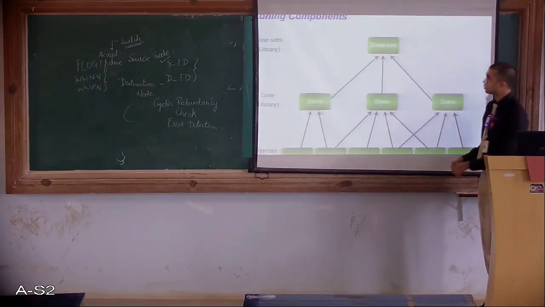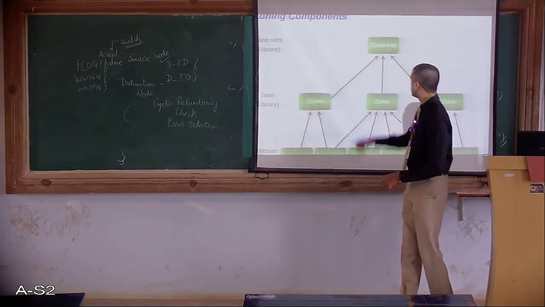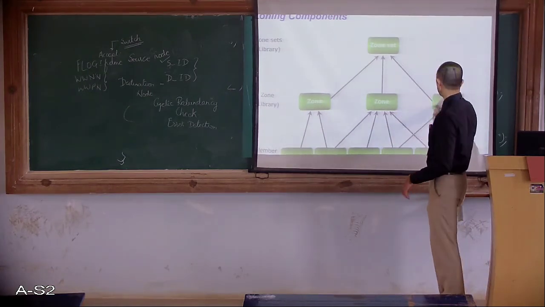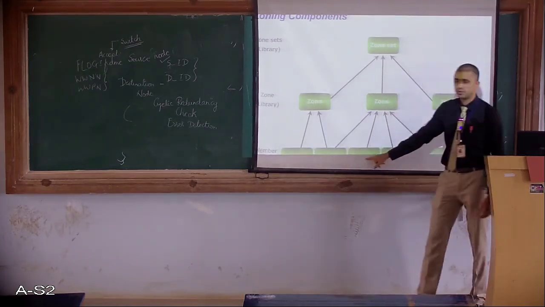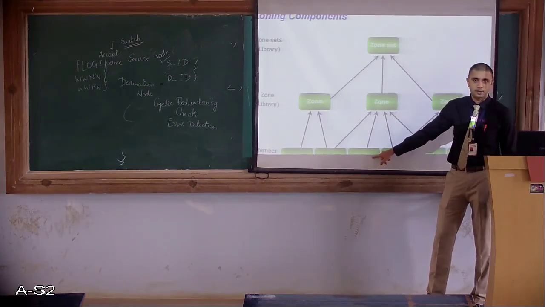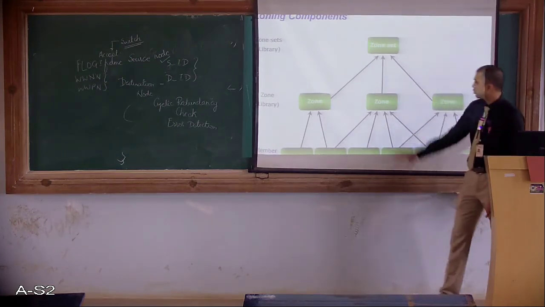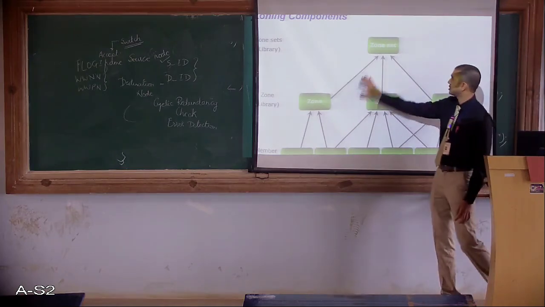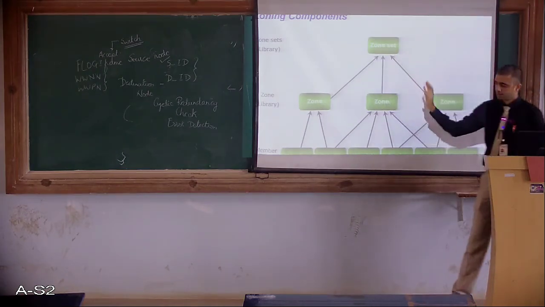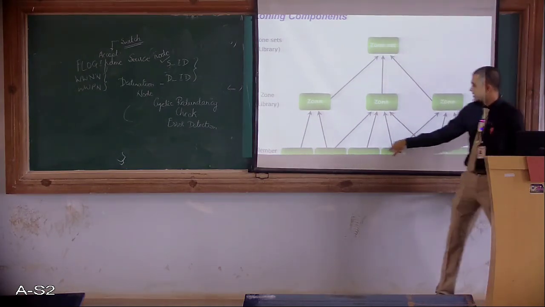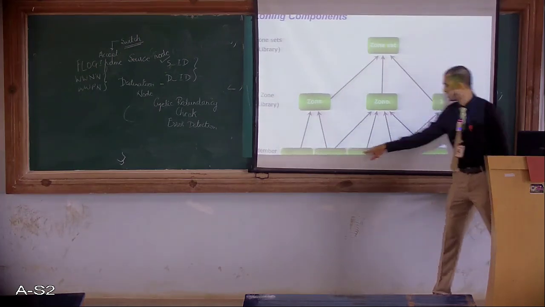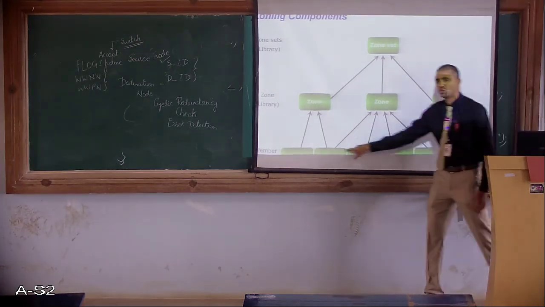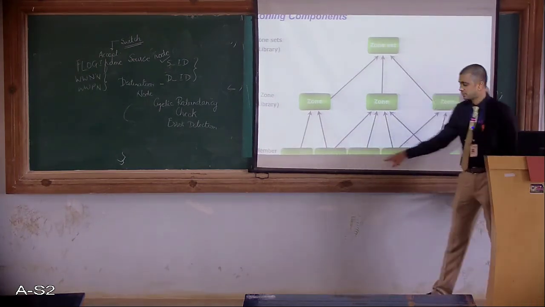So this is how zoning takes place. There are zone sets, there is zone, and there are these members. So a zone can consist of many members, and a set of zones is called a zone set. So these members, these green boxes that you see, these are all the nodes which are present in the fiber channel SAN.